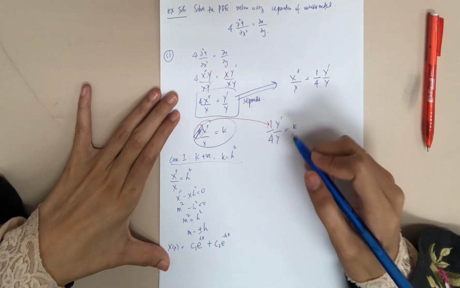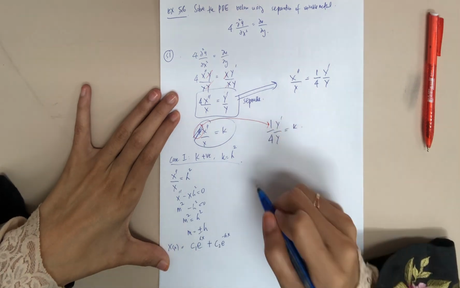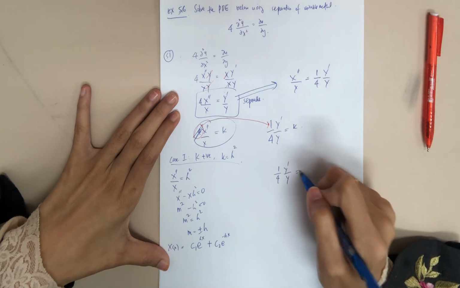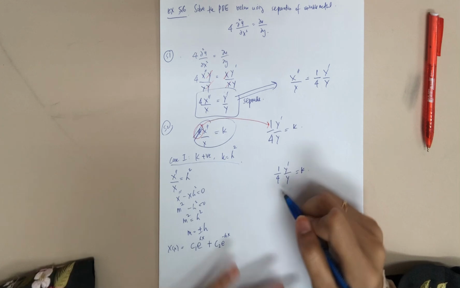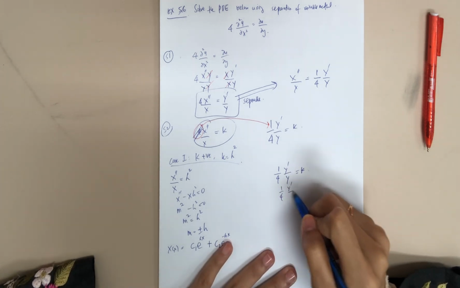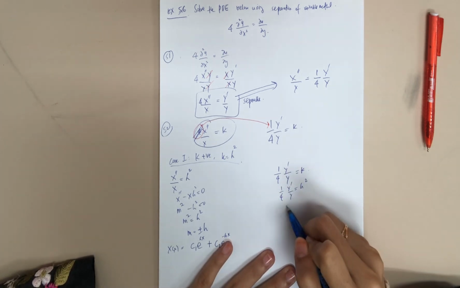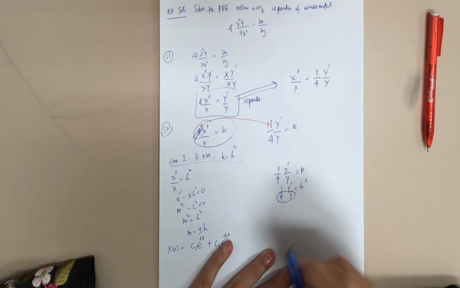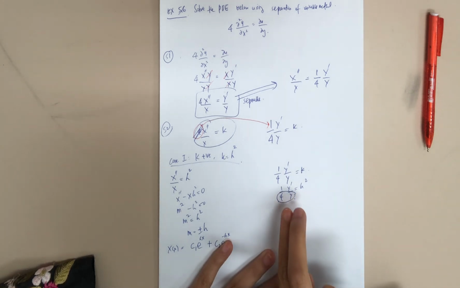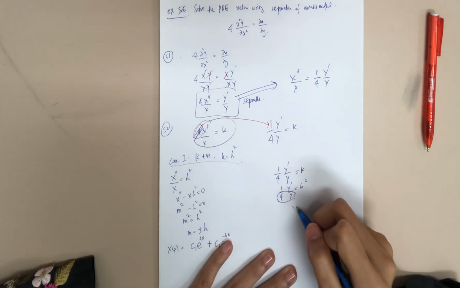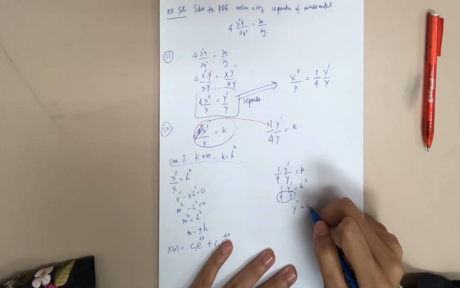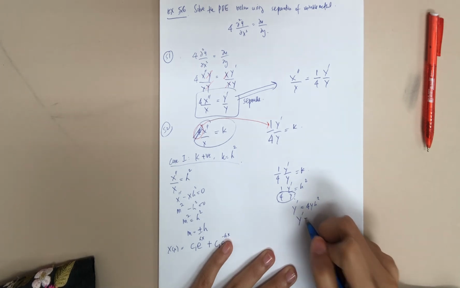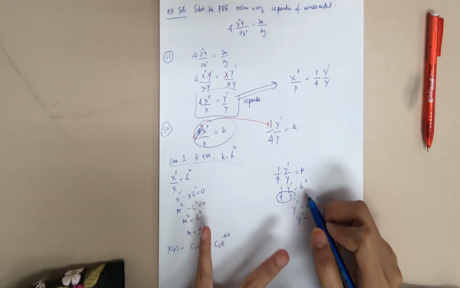So now we do it for Y. So the equation for Y just now is Y prime over Y equal to k. So we do the same thing. So Y prime over Y equal to lambda square. Now class, this 4 over Y, the 4Y is down here, right? So we will move 4Y to this side. So it will be Y prime equal to 4Y lambda square, not Y double prime, Y prime.